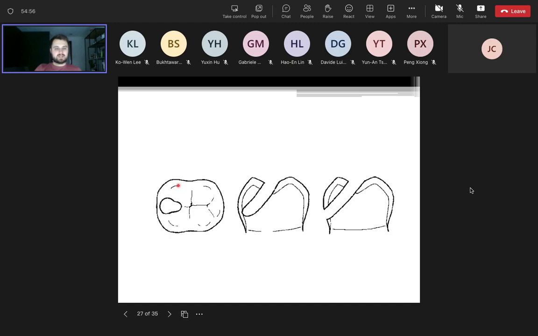This ring keeps the mechanical properties of the tooth. So the resistance to forces is better when we leave it untouched. So it is very important for us to save it.